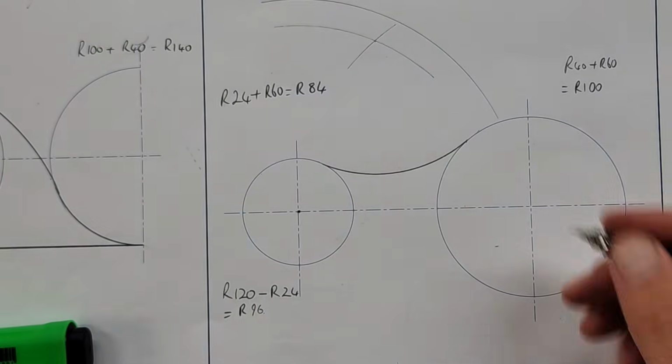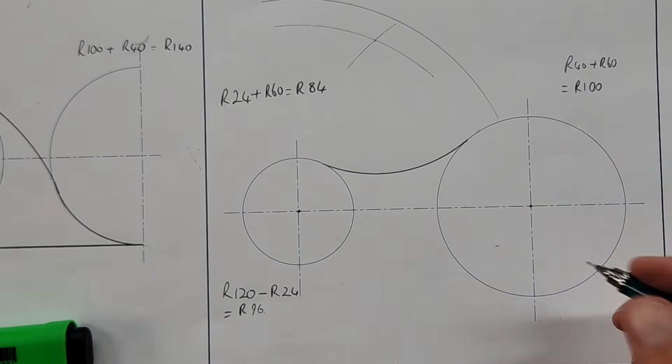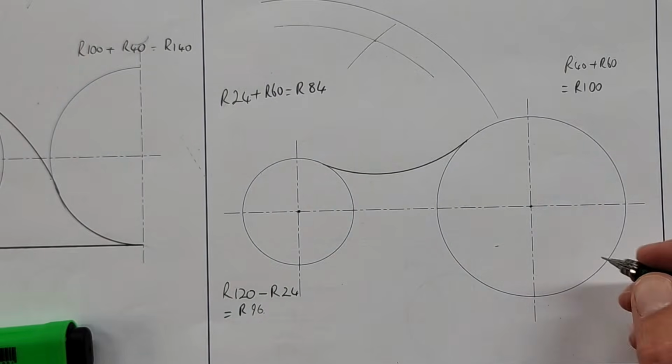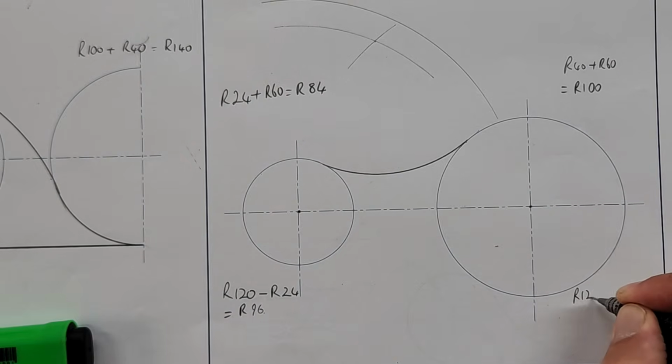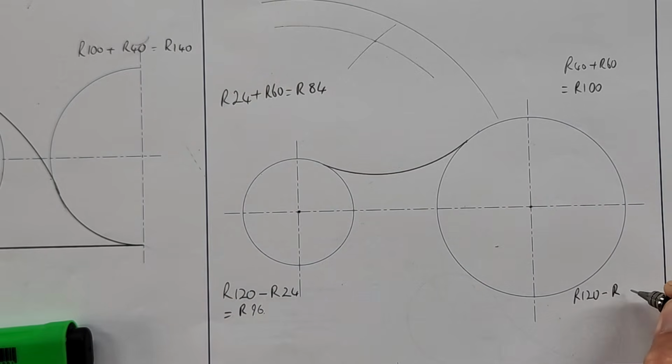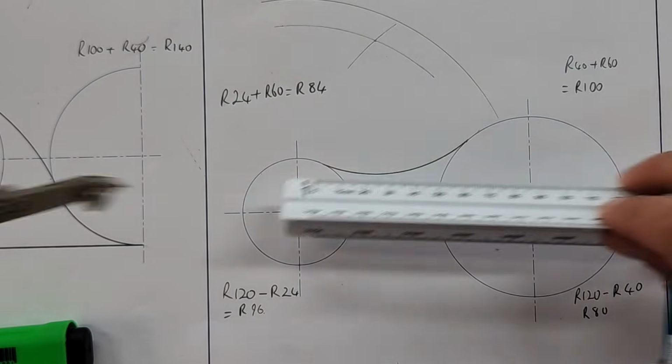Okay, and then from this center, that one, the formula is radius 120 minus radius 40, and that is your radius 80.